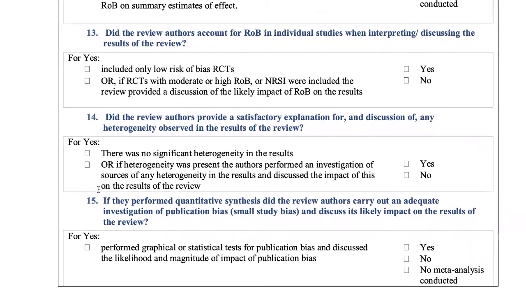The 14th question is, did the review authors provide a satisfactory explanation for and discussion of any heterogeneity observed in the results of the review? For yes, either there was no significant heterogeneity in the results, or if heterogeneity was present, the authors performed an investigation of the sources of any heterogeneity and discussed its impact on the results of the review.